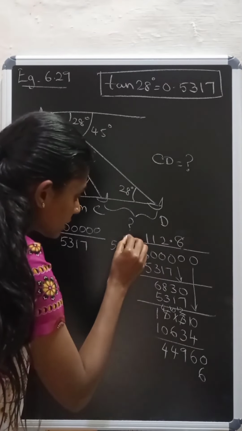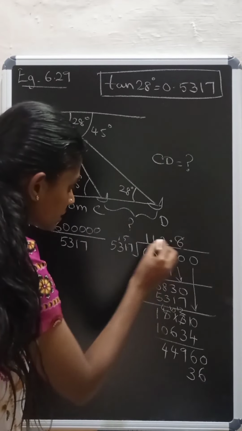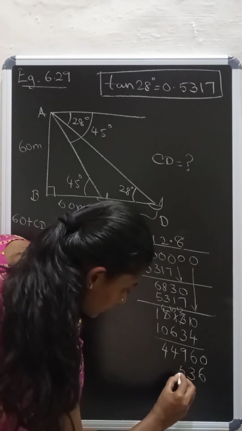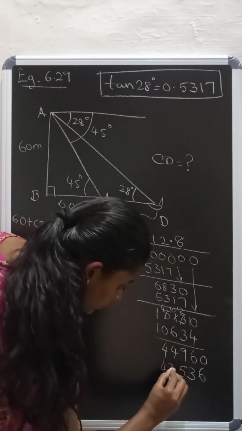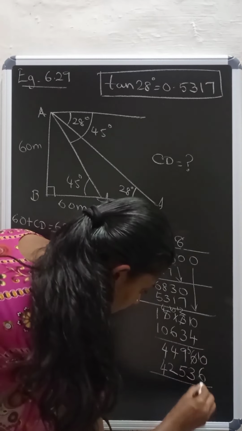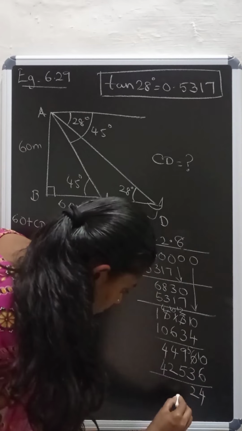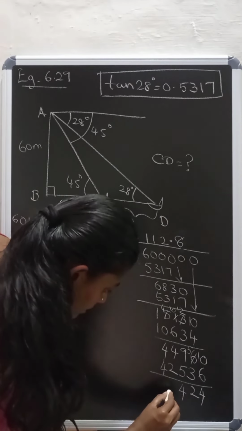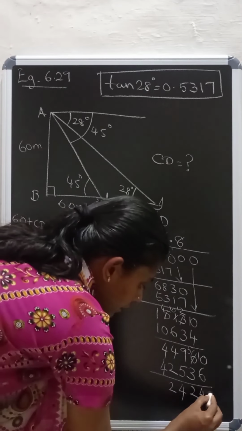Balance 5. 8 ones are 8. 9, 10, 11, 12, 13. Balance 1. 8 threes are 24, 25. 8 fives are 40, 41, 42. Now cancel this. Minus 3 is 2. This 5 is 4. 4 minus 2 is 2. So again we'll put 1 zero.